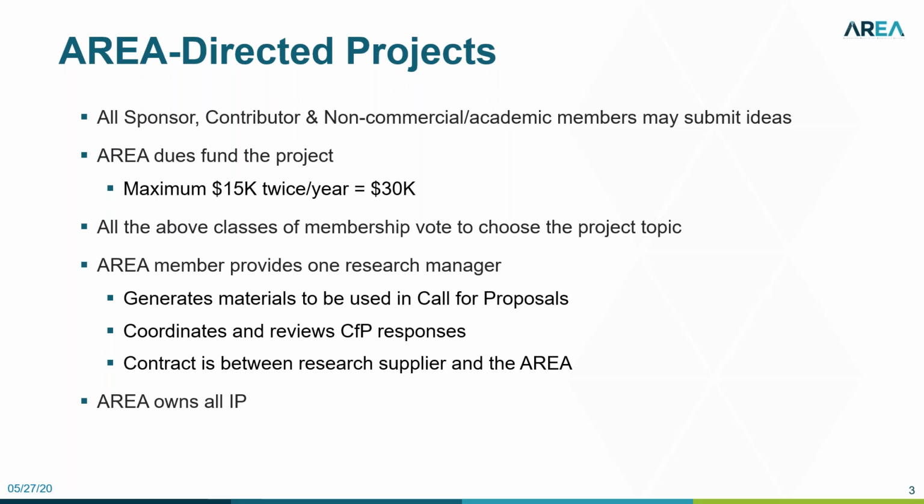Then we have a ballot, and through a democratic process, we choose one of the ideas submitted. Then this cycle happens twice a year, and the area dues pay for the hiring of a research team. And then we manage that process through to the completion of the project.